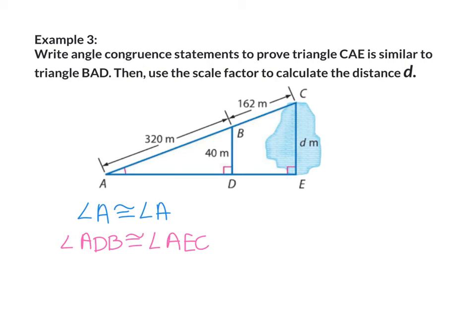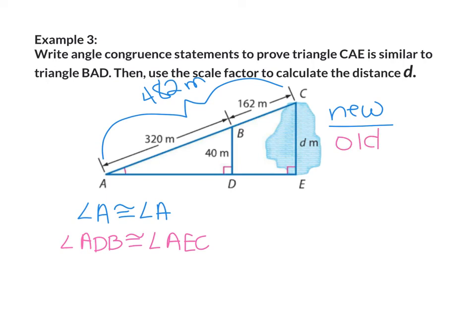Next, we're going to find the distance of D, which is the distance across the lake. So what we have to do is find the distance of the hypotenuse first. So I'm going to add 320 and 162, and that gives me 482 meters. Now in order to find the scale factor, I need to take the new and divide it by the old.